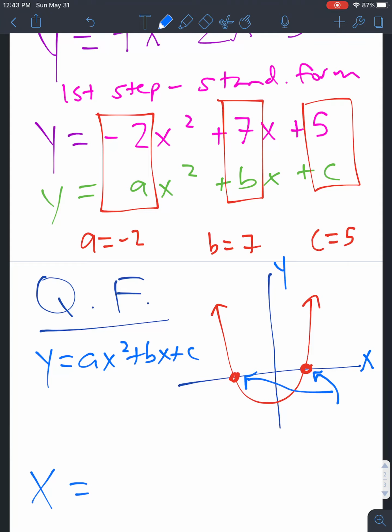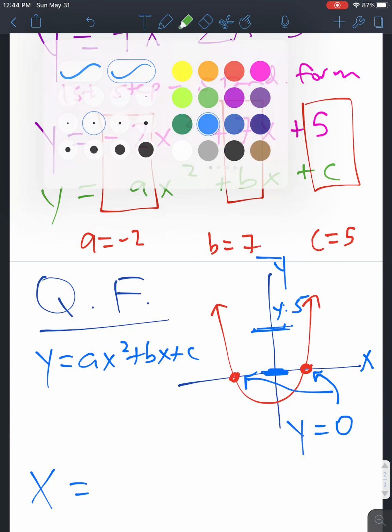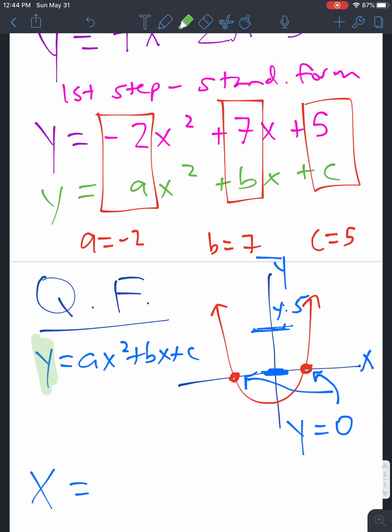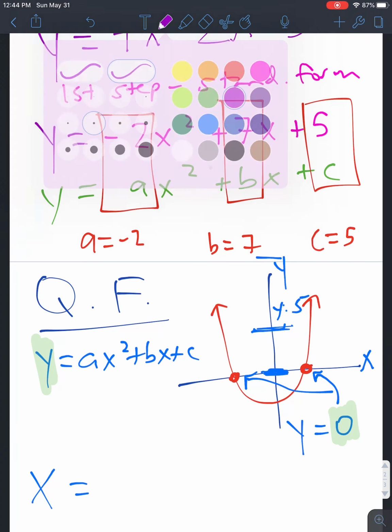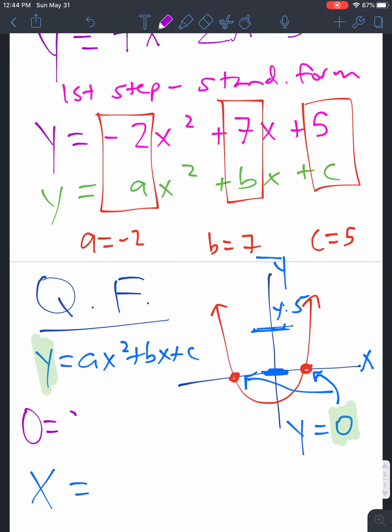Maybe up here is y equals 5, and maybe up here is y equals 10. Well, your x-axis is at y equals 0. So what we have to do is plug in a 0 for our y. Instead of a y here, we replace it with a 0. So then you get 0 equals ax squared plus bx plus c.